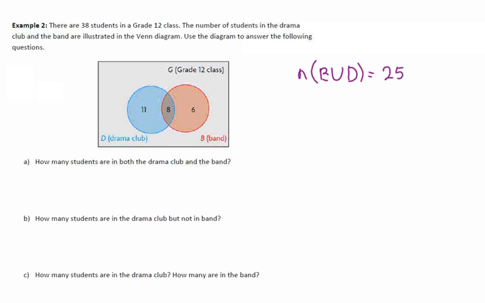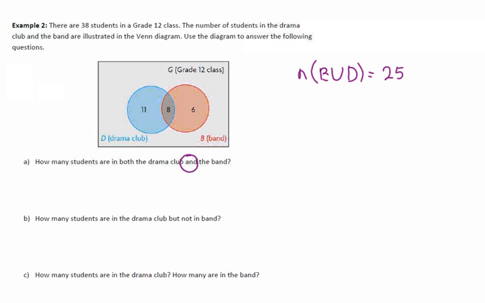Okay, so how many students are in both drama and band? Let's first figure out what they're asking before we get to this part. I wanted to figure that out on our own. How many students are in both the drama club and the band?